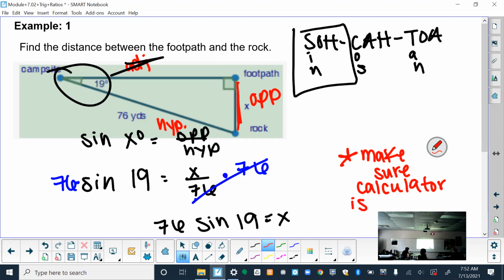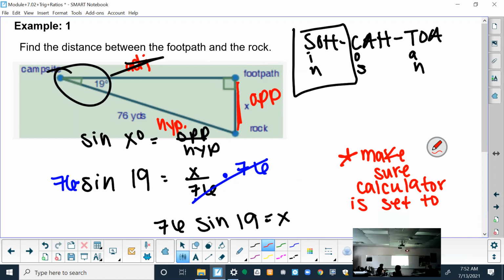And I'll show you how to do that. Because the other option would be radians, and that would give you a different measurement, which would completely give you the wrong answer.